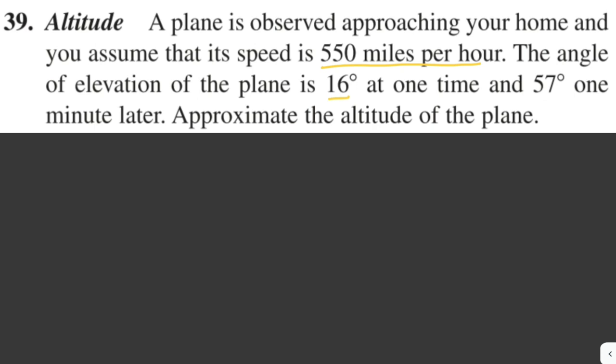So we draw. But before that, let's convert 550 miles per hour to miles per minute, because it is stated here the plane's elevation is 57 degrees 1 minute later.